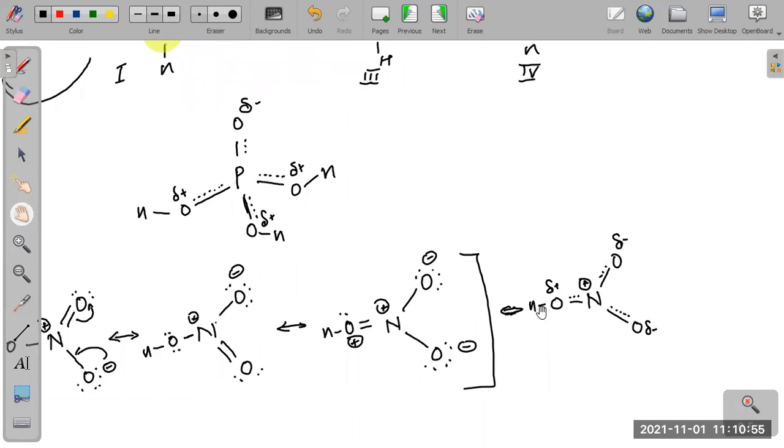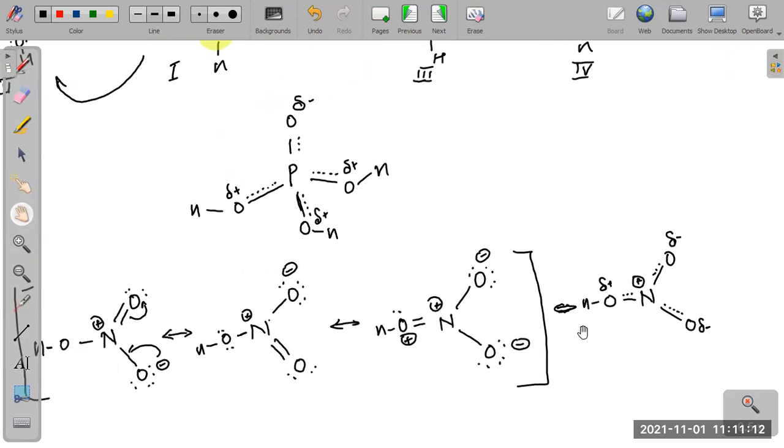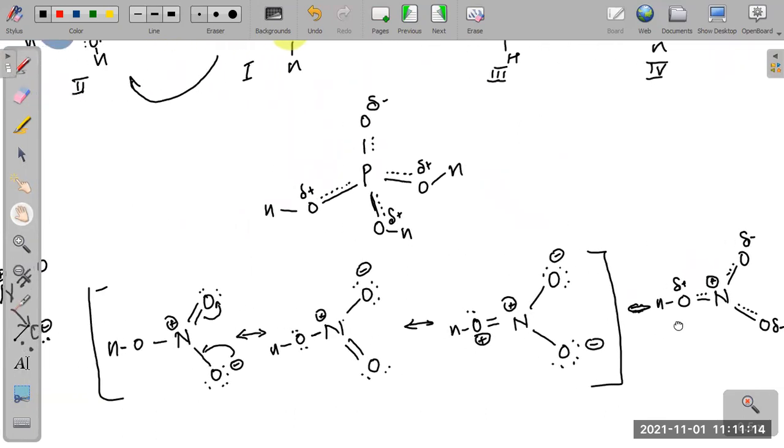The final hybrid structure looks something like this. These two oxygens have a delta negative charge, the oxygen bonded with hydrogen ends up having a delta positive charge, and nitrogen also develops a delta positive charge in the hybrid structure.